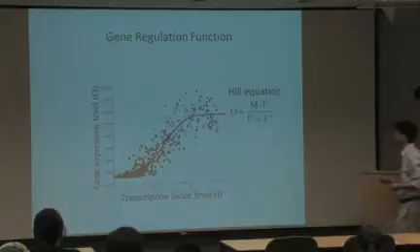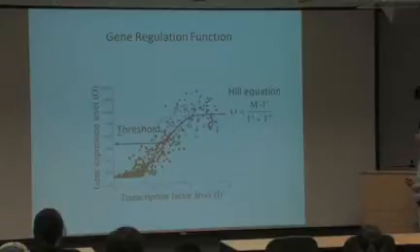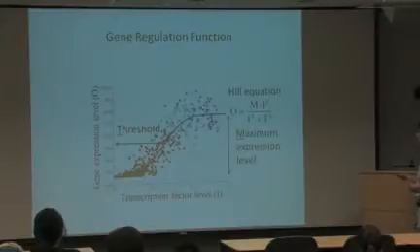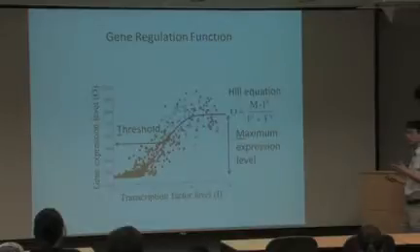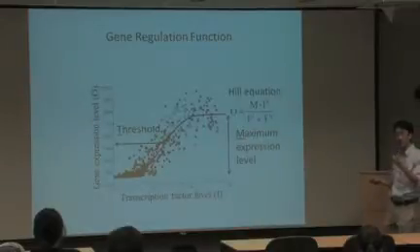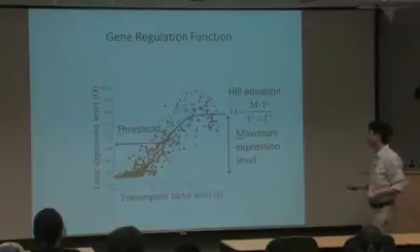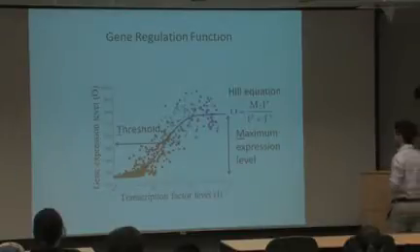And this is useful because it gives you two important parameters. One is called threshold, which basically tells you the amount of transcription factors you need to activate gene expression 50%. And then it also gives you the maximum expression level. Right? So this could tell you about the intrinsic capacity of the promoter, how much gene expression level it can achieve.